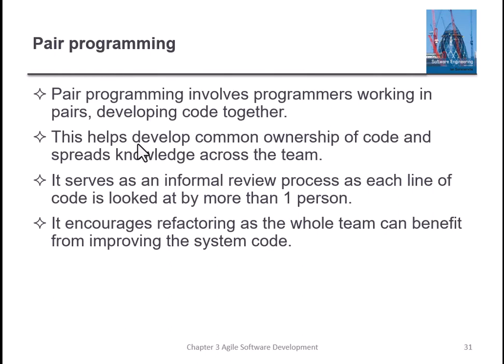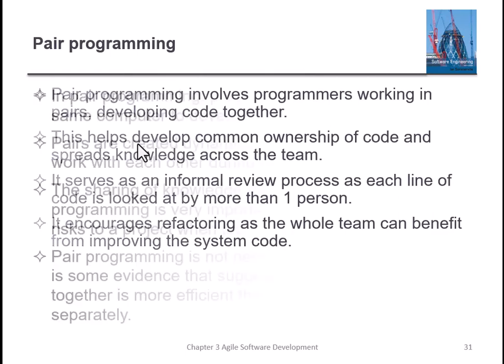It encourages refactoring as the whole team can benefit from improving the code. One more advantage we get from pair programming is the discussion among the pair programmers. If different programmers come and discuss, there is always a chance of improvement.